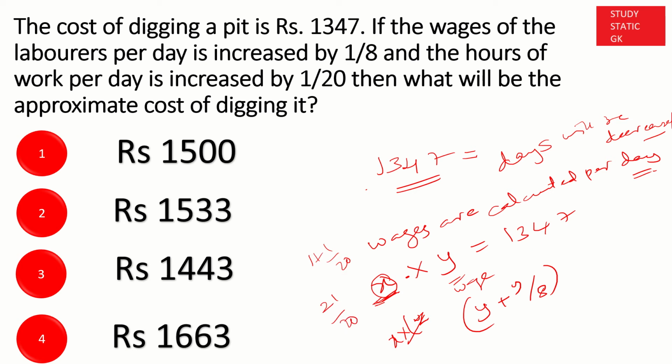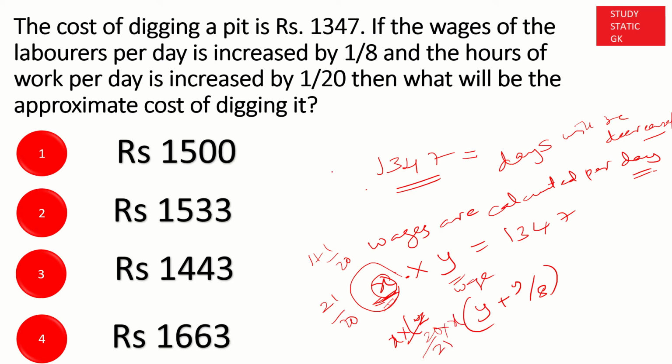So here it is inversely proportional, right? Why inversely proportional? Because when the hours of work increase, the days will decrease. So 1 plus 1 by 20 is 21 by 20, but here you should take it as 20 by 21 into X.